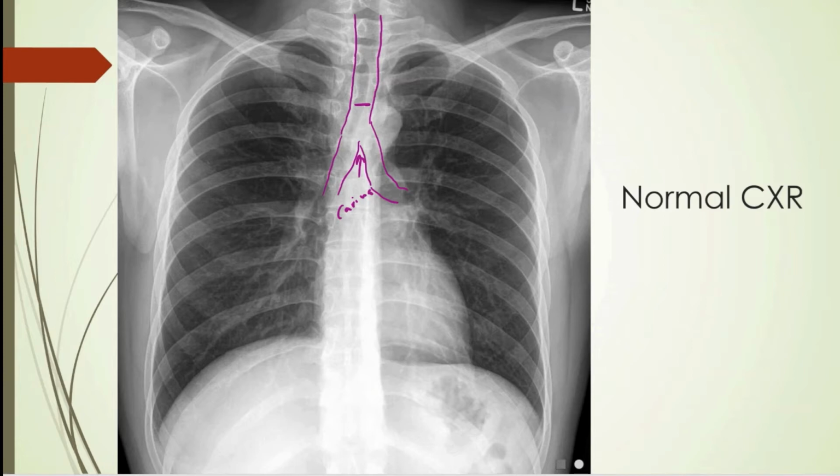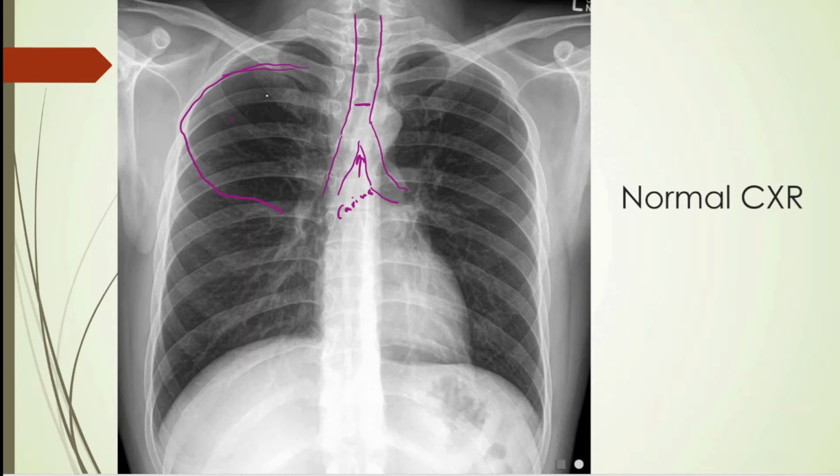B, for bones, you can check out all the bony structures. And you can see the clavicles look good. These are the posterior ribs here, because these are the anterior ribs. You can see I can trace this posterior rib to the lateral rib to the anterior rib, where it comes around there.